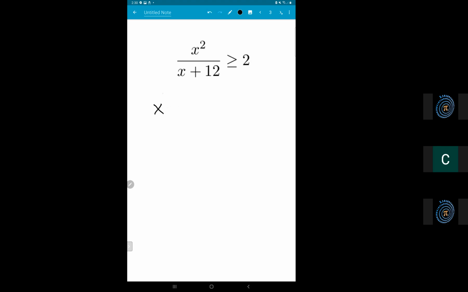So if you transpose, okay, you get this. And then you have to use the LCD to be able to rewrite that as this.